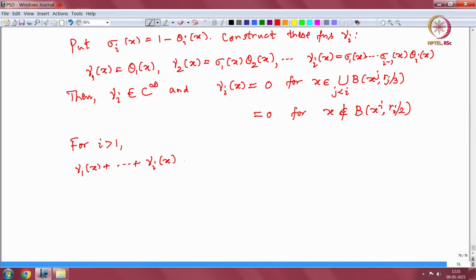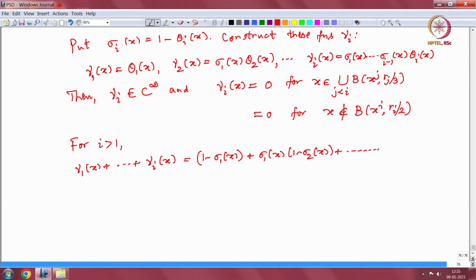You just write this by the definition: 1 minus sigma 1 x, plus sigma 1 x times 1 minus sigma 2 x, etc.